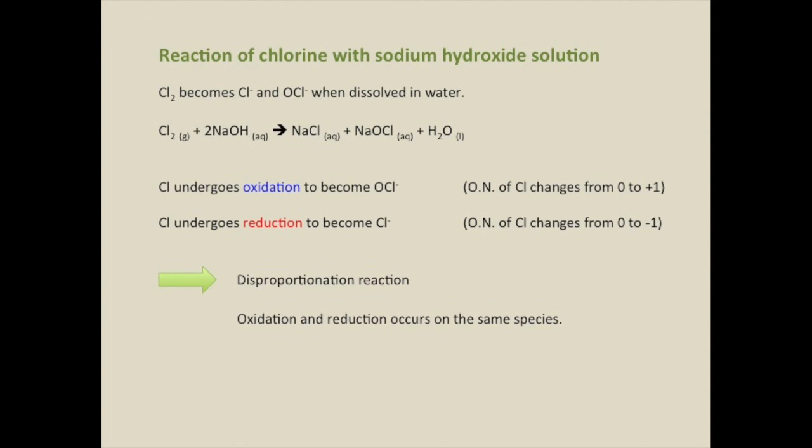In this equation, we can notice that, first of all, one of the chlorine atoms undergoes oxidation to form OCl-, while the other one becomes chloride ion, Cl-. That means the same species, chlorine, undergoes oxidation and reduction at the same time, and this is what we call a disproportionation reaction.